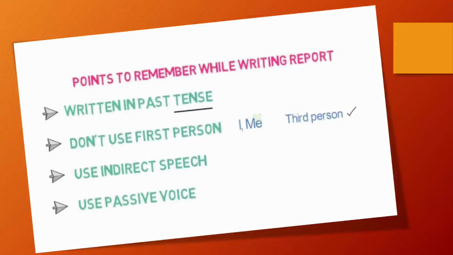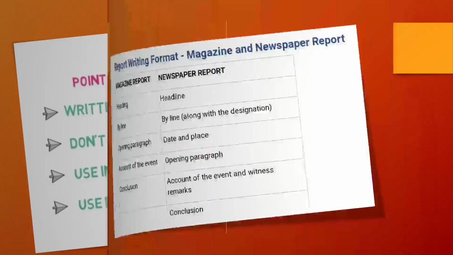This is not a tough job. Always remember some of the points. You have to write the report in past tense. Don't use the first person, use indirect speech, and use passive voice. A report is basically everything in past tense. Don't use first person, indirect speech, and passive voice.